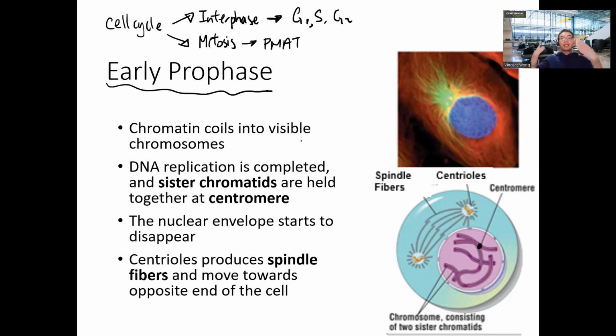We need to get these chromosomes out of the nucleus, so it's a good time to dissolve the nuclear envelope, to make it disappear. And the centrioles, which you might remember learning in lecture 3, will produce the spindle fibers, the cables that will guide the movements of the chromosomes later on. All this is happening at the early part of prophase.